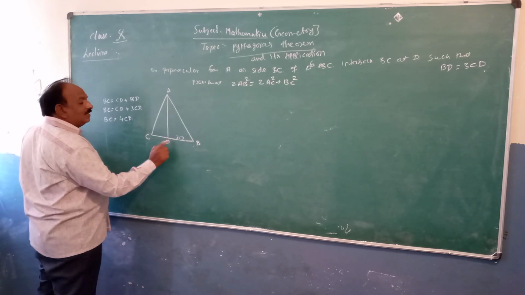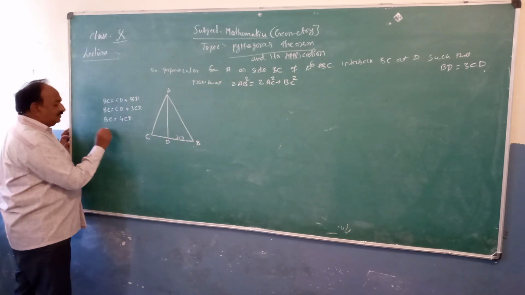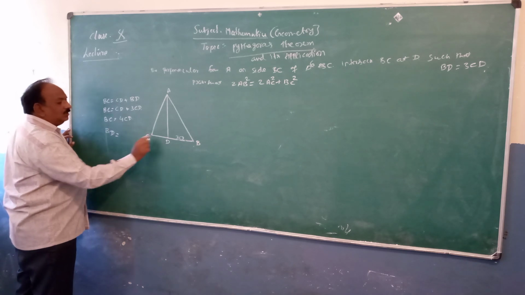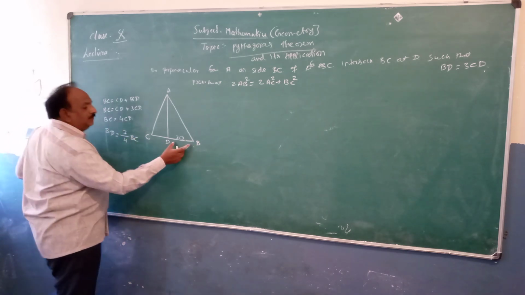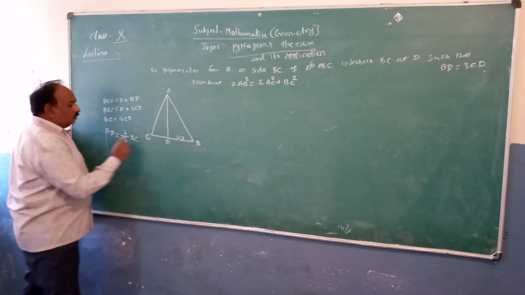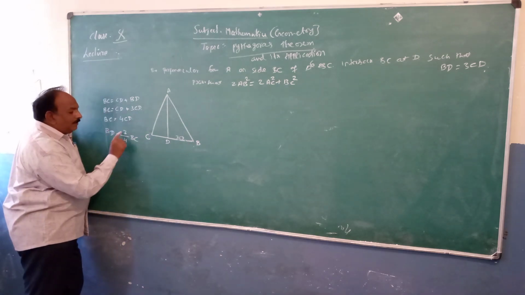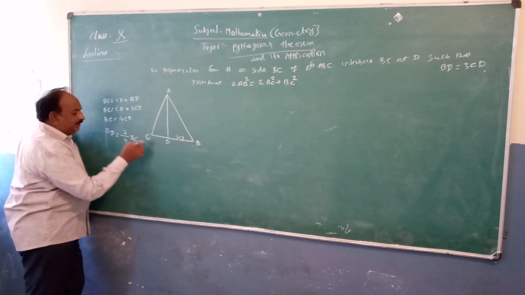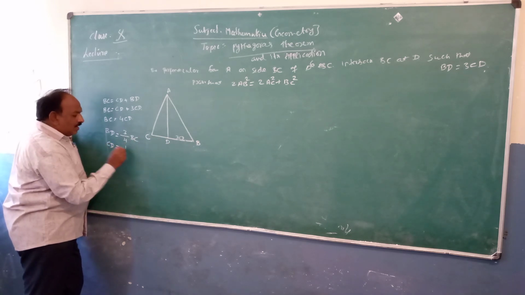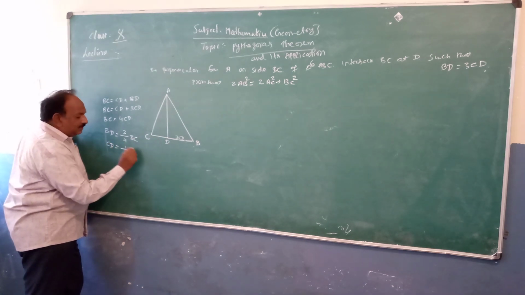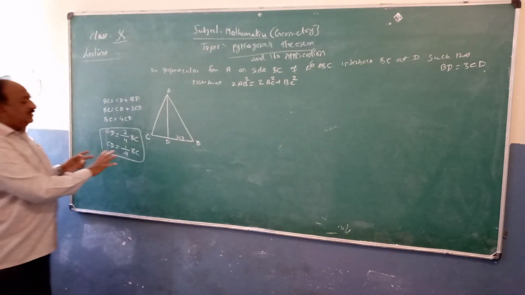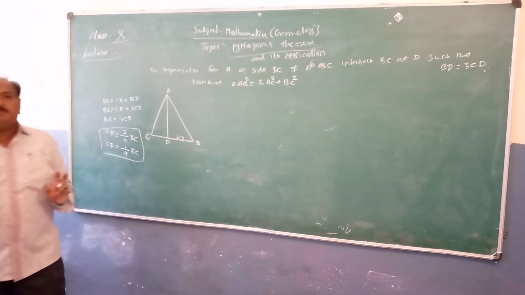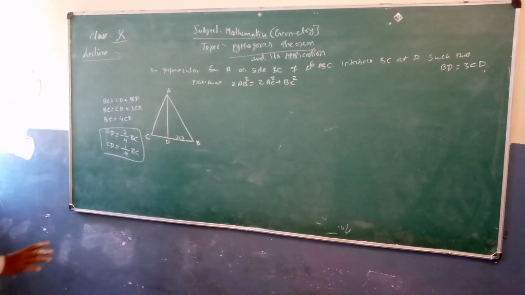Among 4 parts, BD is 3 by 4 of BC and CD is 1 by 4 of BC. Understand this point? This point is very important while doing our problems, students.